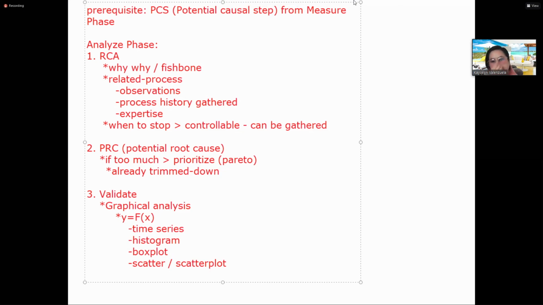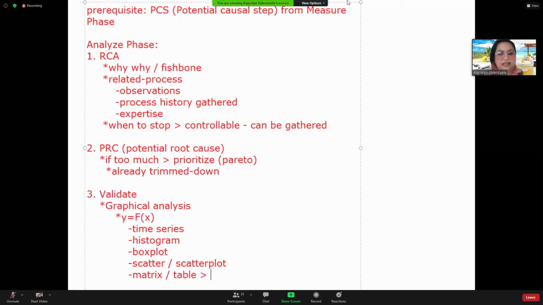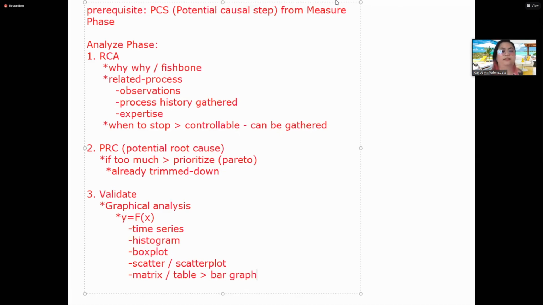What else? Yan yung pwedeng matrix in a table, pero ipe-present nyo pa rin in a bar graph. Okay, it can be a matrix or table, pero mas preferred natin in a graph pa rin. So it can be bar graph. Yan. Yeah. So those are the graphical analysis.